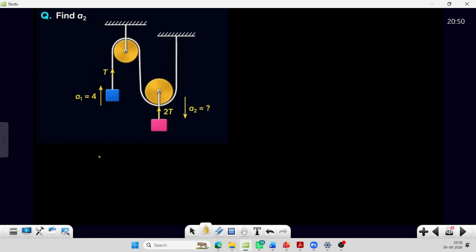Right, so this is 4 into T minus 2T into A2 equal to 0. So this means what we'll get? A2 equal to how much? 2 meters per second square. That's it.